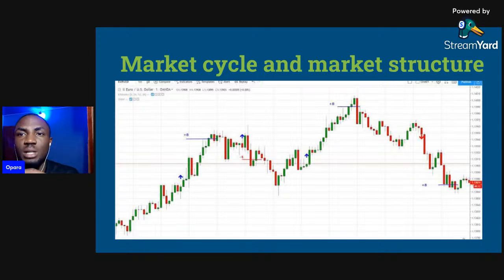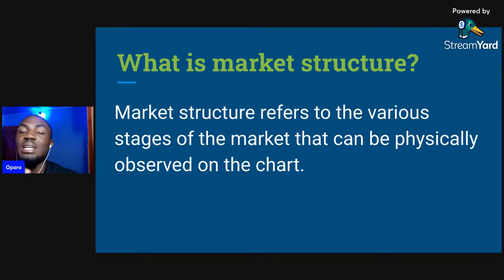But as you progress in this course, you begin to make meaning of this kind of chart. You're going to begin to understand that this chart is made up of different stages. It's not just random, it's not just going up and down. There are stages in this market that after this training, your eyes are going to be open to start seeing.